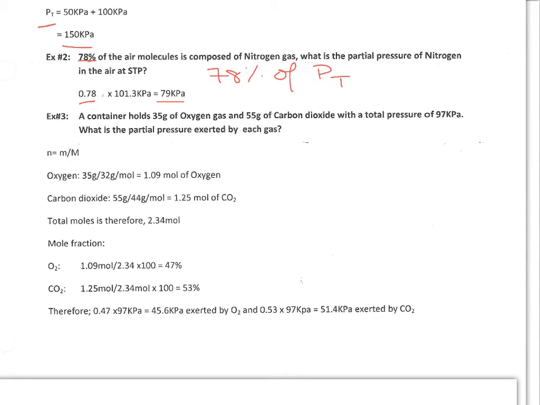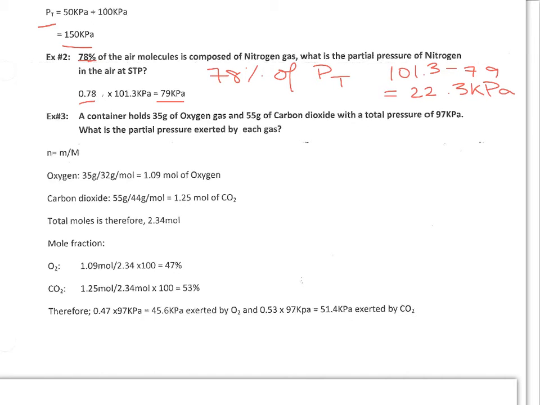If I was going to look at the pressure of everything else, I could say 101.3 minus 79, which means that 22.3 kilopascals of pressure is being exerted from all of those other gases that are hanging out in my air in combination.